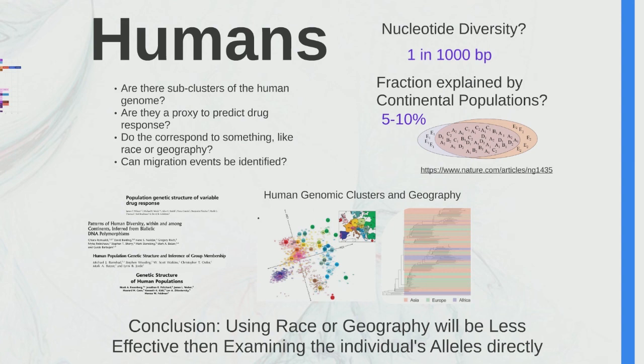Unless you have a gene which happens to have one of these alleles that is very continentally segregated, it's probably not going to be an effective way to figure out who's going to respond and who's not. Instead, just going down to the individual variants is going to be much better.